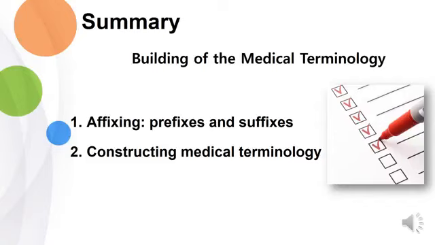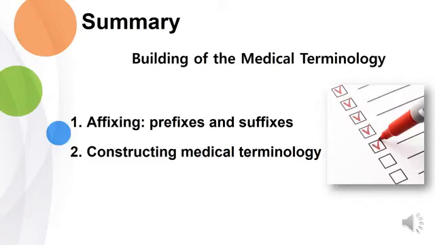By the end of our lecture, we now know the meaning of affixing by adding prefixes and suffixes, and the rules guiding the use of these prefixes and suffixes. And don't forget that I'm going to attach a list of the most commonly used prefixes and another list of the most commonly used suffixes that you have to study by heart.